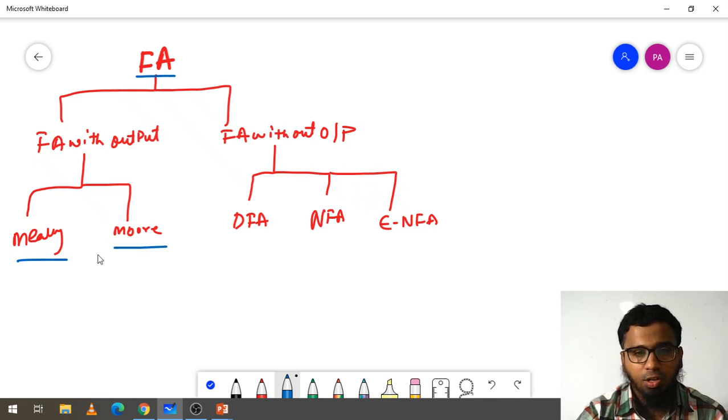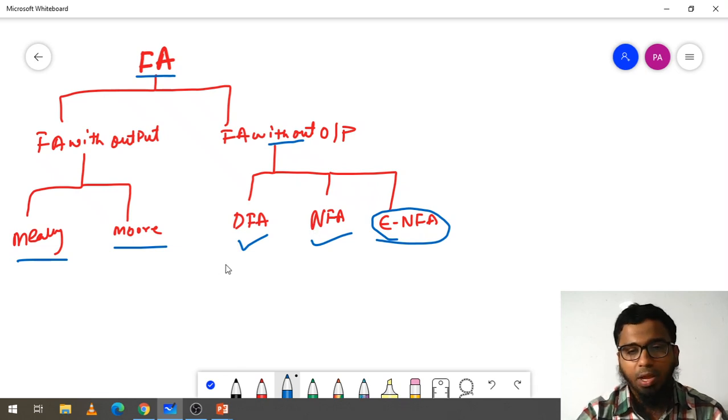And without output, we saw the DFA and NFA. Today we are going to see the Epsilon NFA and how to convert from Epsilon NFA to normal NFA. So this is about today's topic.